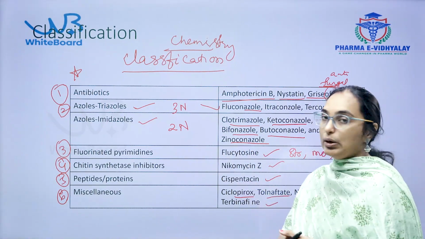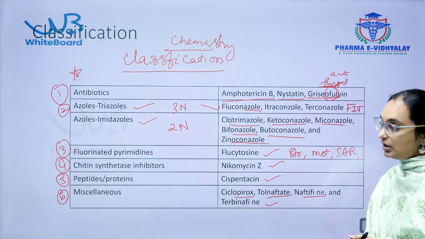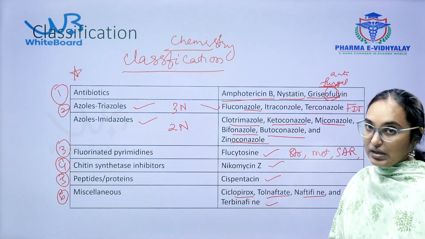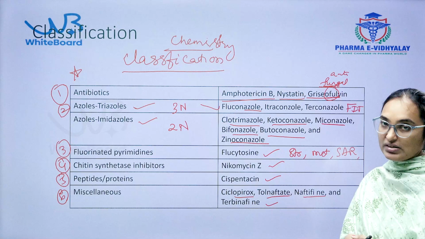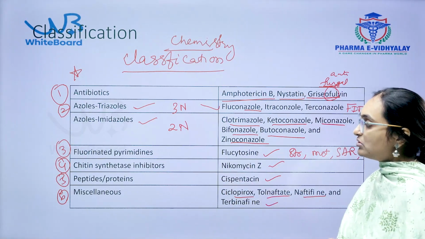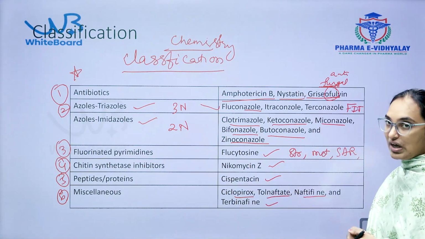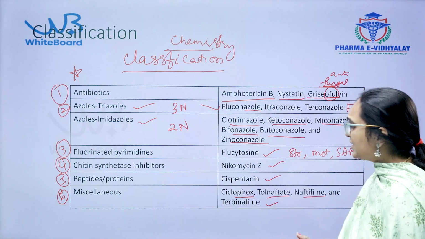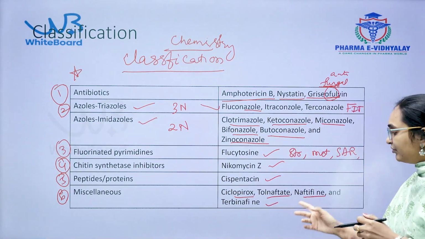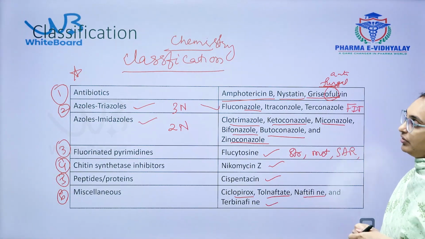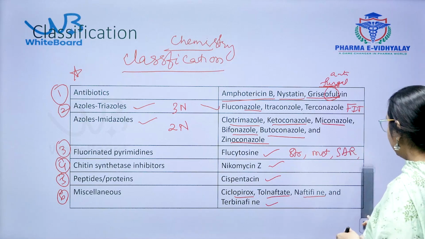Next are fluorinated pyrimidines, example flucytosine. Chitin synthetase inhibitors, example nikkomycin Z. Peptides or proteins, example cispentacin. Miscellaneous agents: ciclopirox, tolnaftate, naftifine and terbinafine. This is a brief classification.